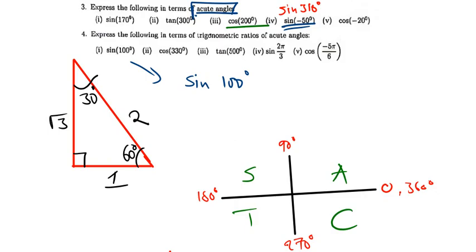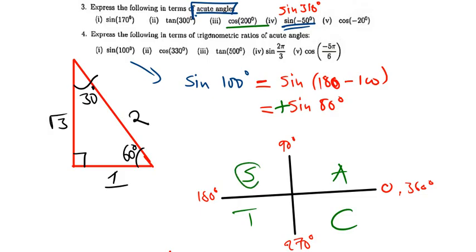So we can say that it's in the second quadrant because it's between 90 and 180. So when you've got an angle in the second quadrant, to find the reference angle or the acute angle, subtract from 180. So it's going to be sine of 180 minus 100. So 180 minus 100 is what? That's 80. Now, in the second quadrant, only sine is positive, so this is still positive.